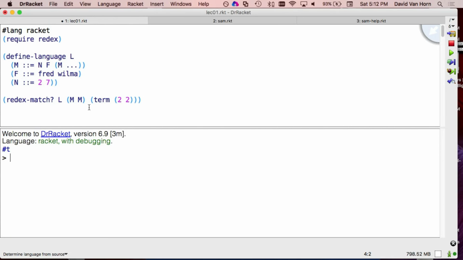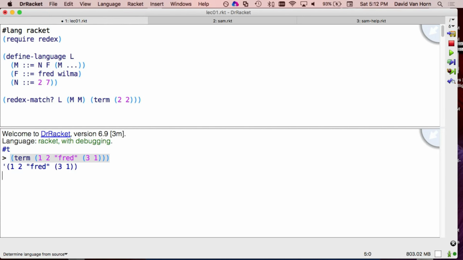The other thing I want to talk about is this term constructor. I can say open paren term, and then I can write down anything: numbers, strings, nested things.